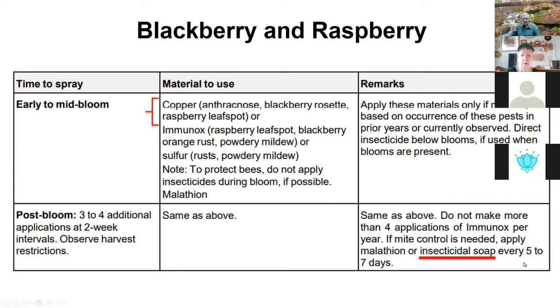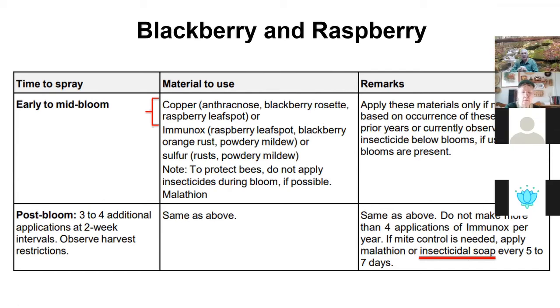The insecticidal soap that I've mentioned down here again can be very effective in terms of controlling those soft body insects. Insecticidal soap works if you think about you using a harsh dish detergent. Okay, so harsh dish detergent will dry and crack your hands, makes them sore.